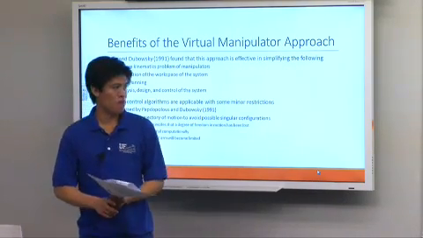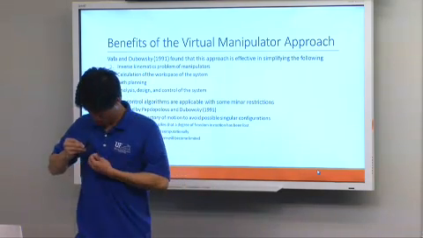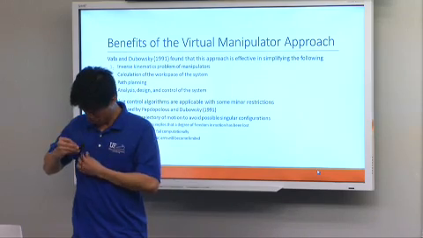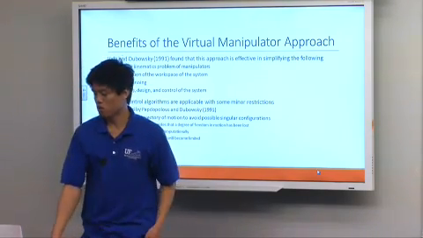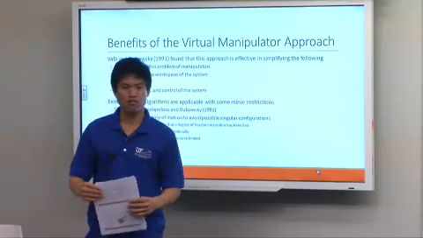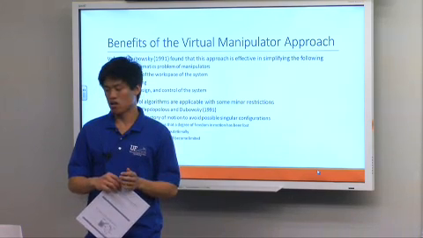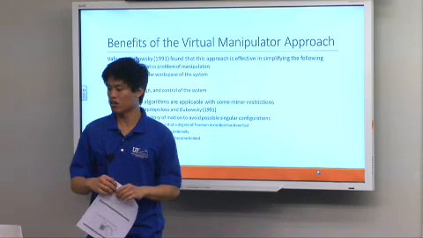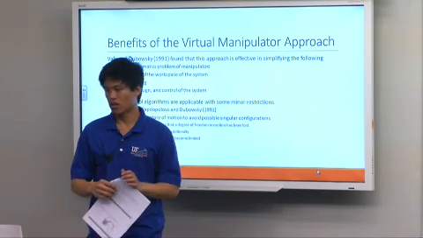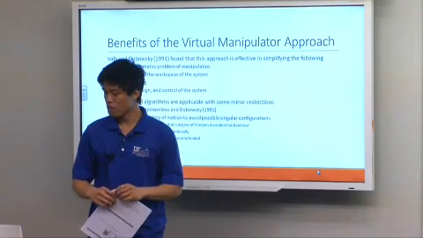The benefits of the virtual manipulator approach is that it helps simplify the inverse kinematic problem associated with manipulators, trying to figure out the guidance trajectory for our end effector, calculating the workspace of the system, path planning, and design of our control systems.